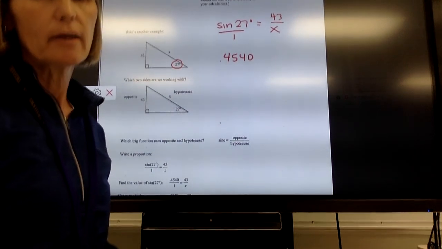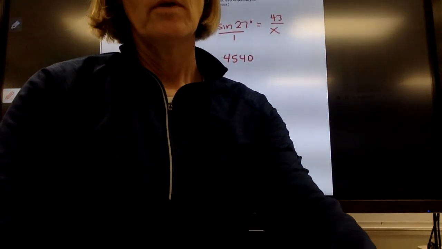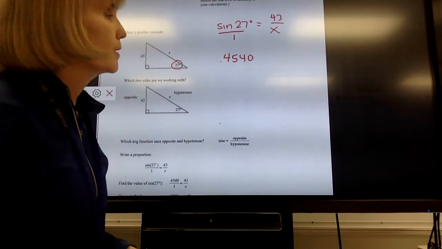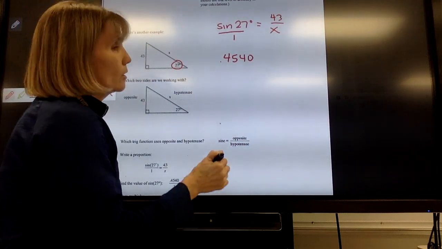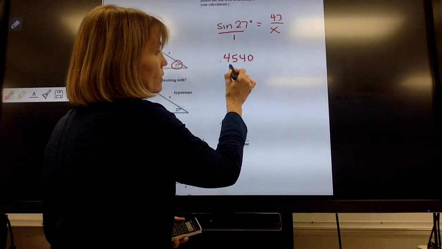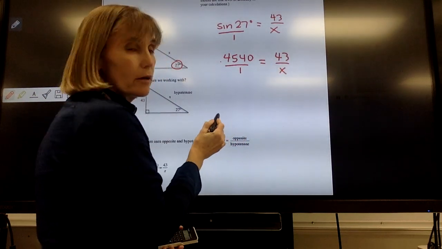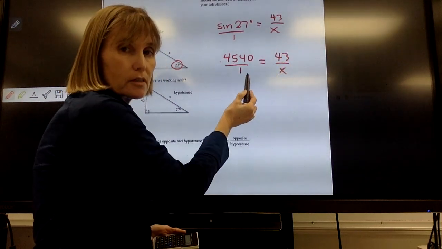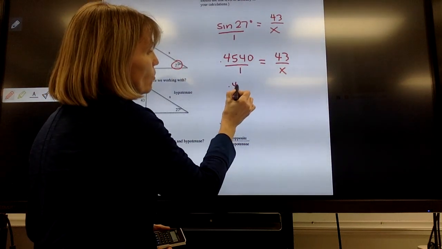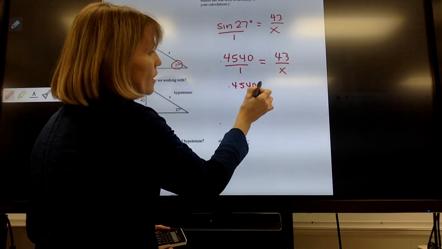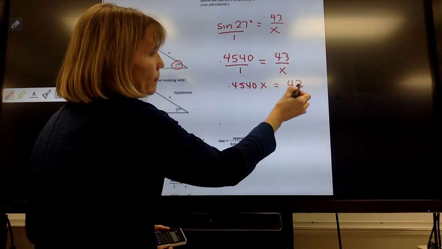If you would like, you can use that table in your packet if you don't have access to a calculator or you'd rather use the table. The table does all the rounding for you. This is going to be over 1, and it equals 43 over x. So we're going to do the cross products, as we did in chapter 7. This decimal, 0.4540 times x, equals 1 times 43.